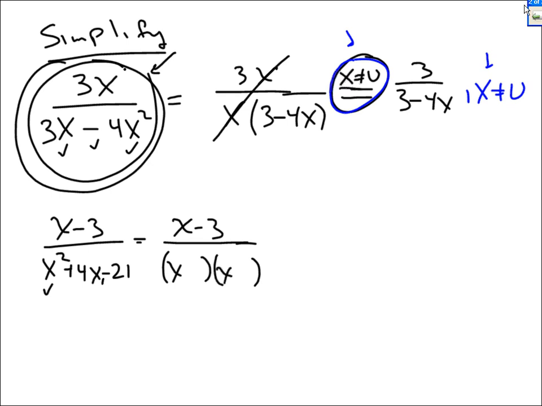The two numbers should multiply out to the constant and add up to the number in front of x. Two numbers that multiply out to negative 21 and add up to our 4 are negative 3 and 7. Negative 3 and positive 7.